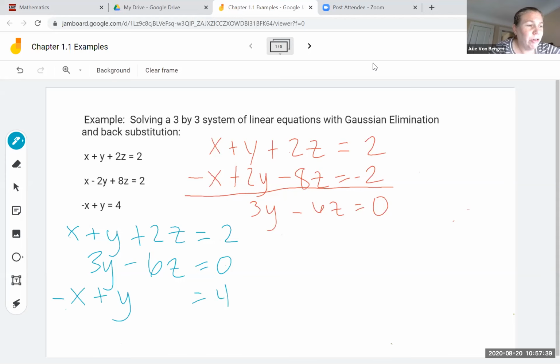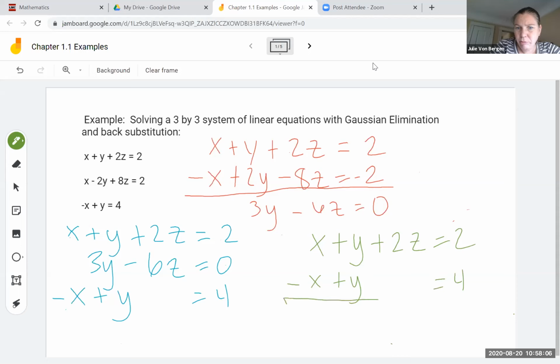I want to rearrange the third equation to get that in terms of z. So I'm going to say equation 1 plus equation 3, because that's going to cancel out my x values. I'll write that over here in green. So x plus y plus 2z equals 2 for equation 1, and then I'm going to add that with equation 3.